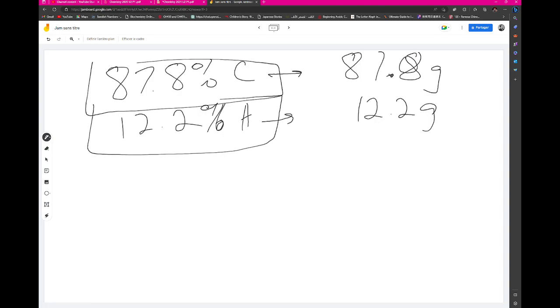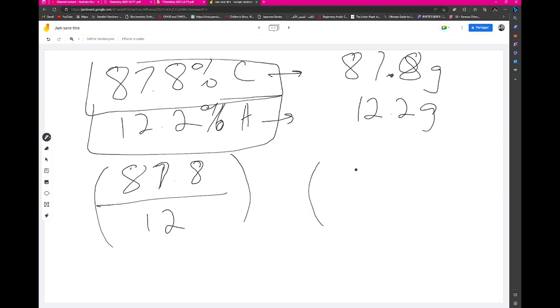Now we have to find the moles. We say 87.8 grams of carbon. We know moles is mass over molar mass. The molar mass of carbon is 12. And over here we have hydrogen, 12.2 grams divided by 1.